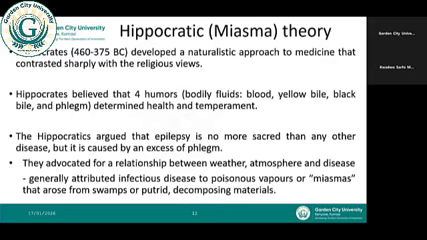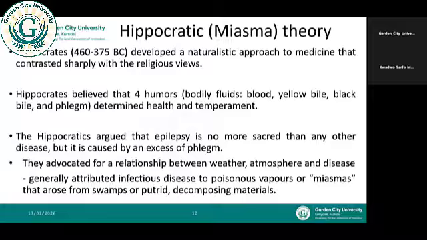Then we have the Hippocratic or the miasma theory. So Hippocrates, as far back as 460 BC, came up with this idea that was contrasting what the supernatural theory was proposing.